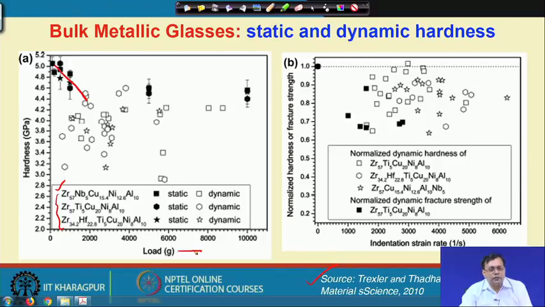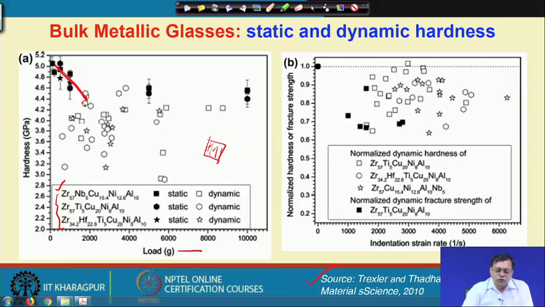This is a very typical indentation size effect. Indentation size effect means if we increase the load, the size of the indentation will increase. Even though theoretically the hardness should not change, since the mechanism changes with the size of the indentation, there is a decrease.